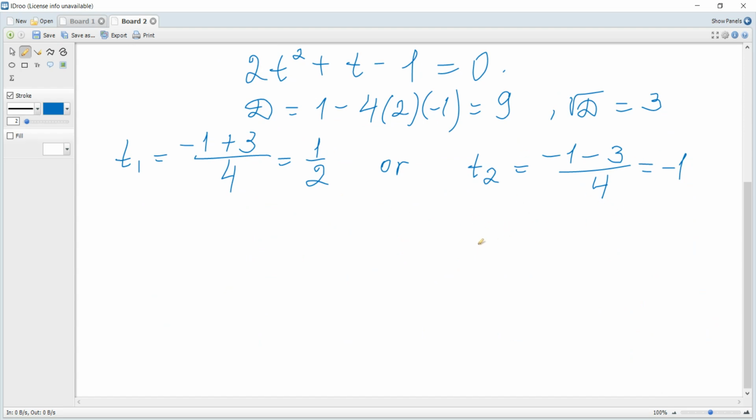Hence sine x is negative 1, or sine x is a half.